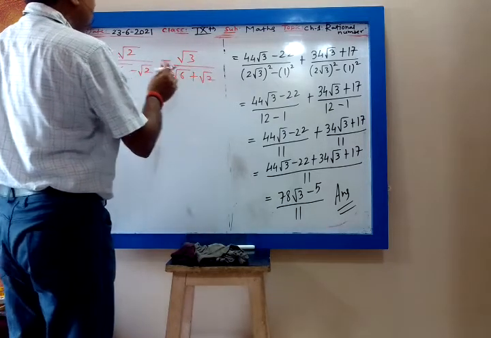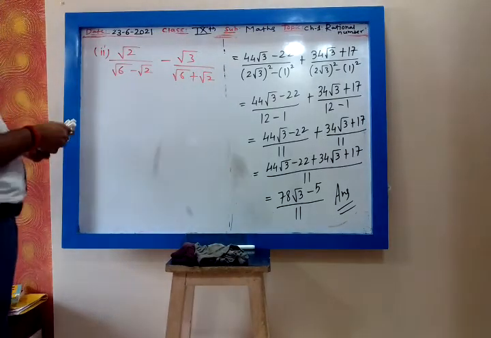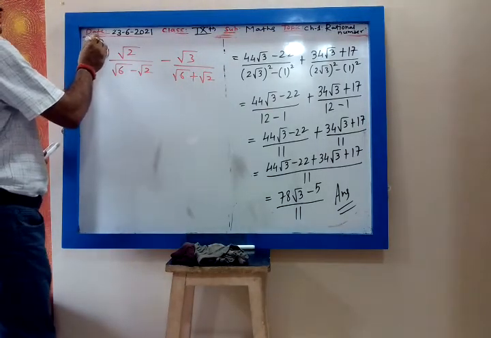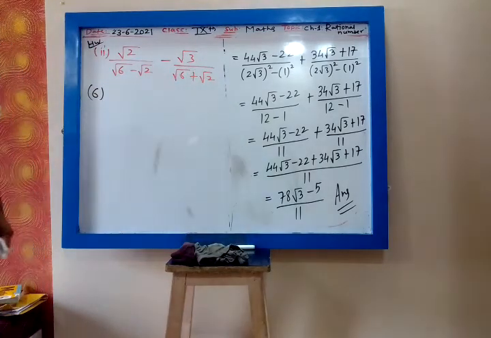Correct? So rationalize the denominator of each and simplify. So this I am giving as homework, the second part. Solve it afterwards.